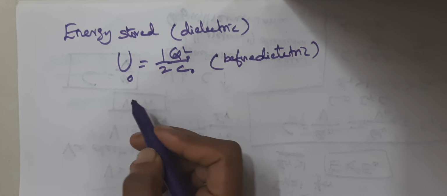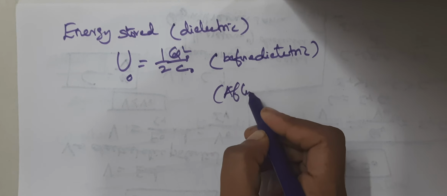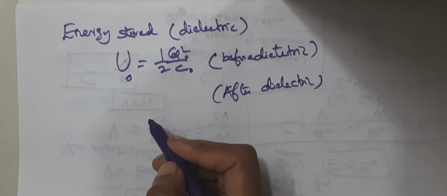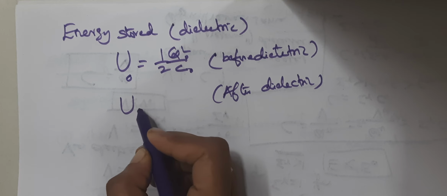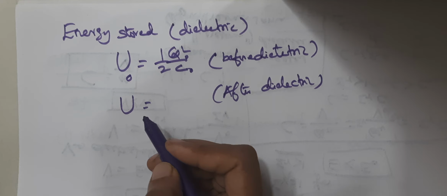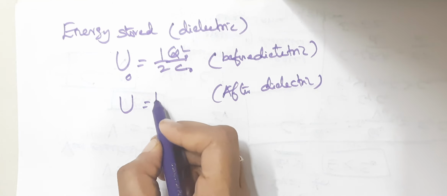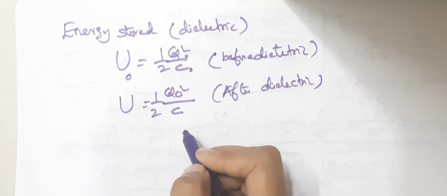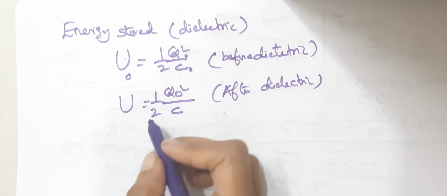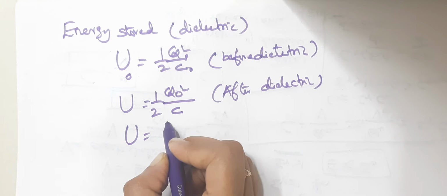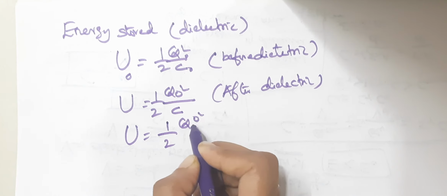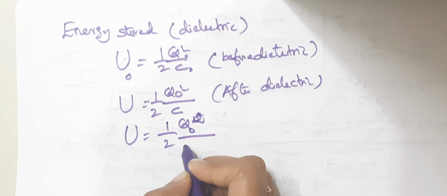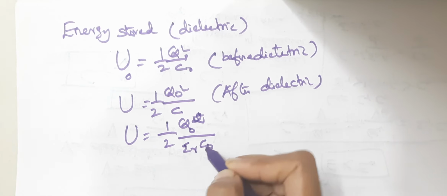Now after the presence of dielectric, the energy stored can be written as U. I said the charge remains the same, so we can write the same charge Q0 square by 2C, or U equal to 1 by 2 into Q0 square by, instead of C, epsilon R C0.